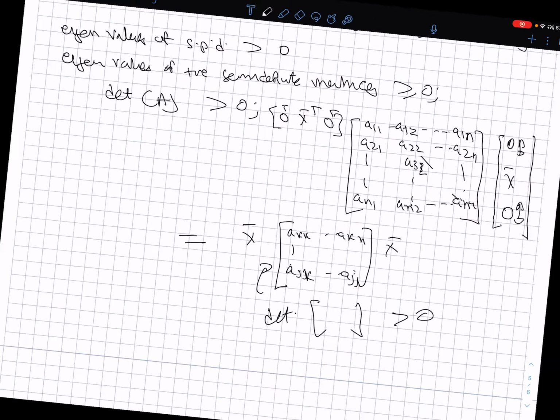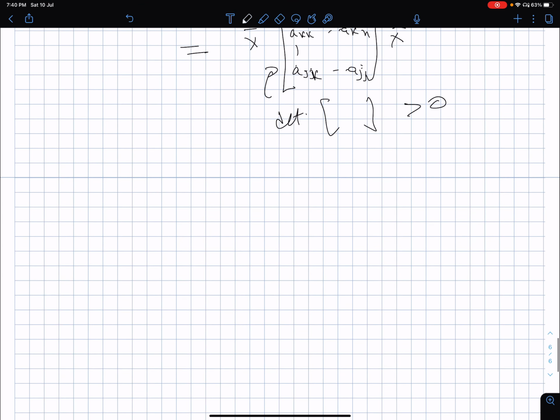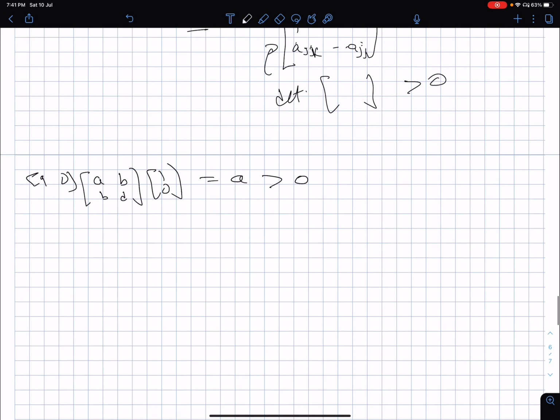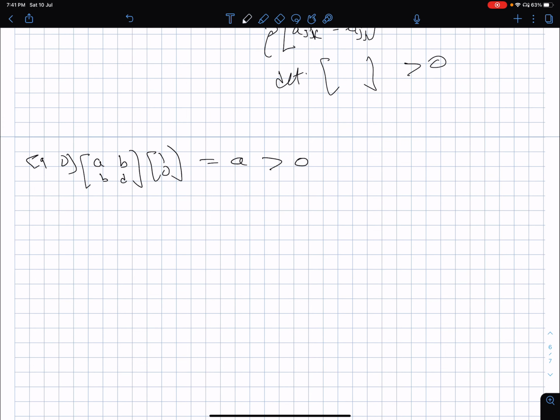So if you come to a 2 by 2 symmetric matrix, multiply it by 1 0 on both sides, you will get A. If the matrix is positive definite, A should be greater than 0. If it is positive semi-definite, A should be greater than or equal to 0. Multiply it by 0 1 on both sides, [A B; B D].